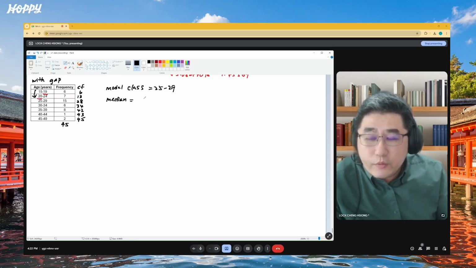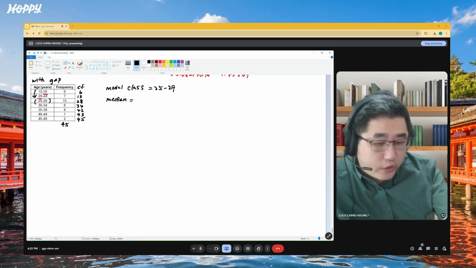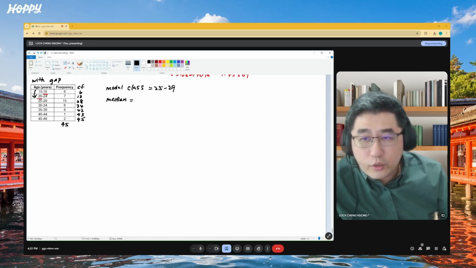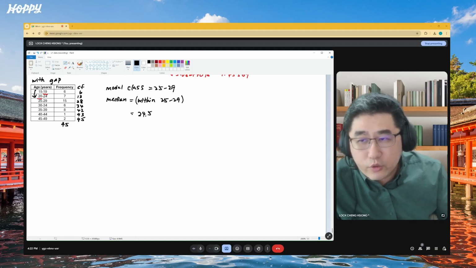So for the median here, 22.5 falls under this group, 25 to 29. So I will need to use the lower boundary of that group. So 24.5, because this one has a gap.